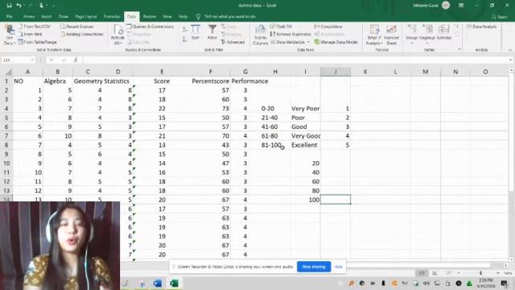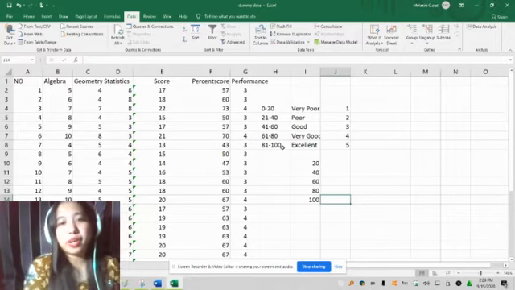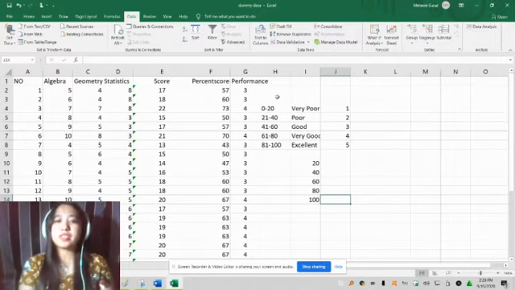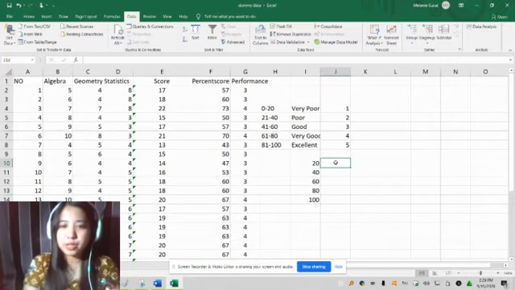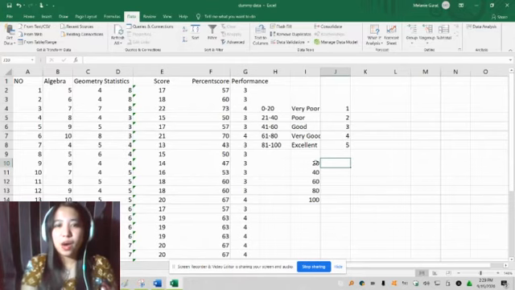Again, it depends on your guide for interpretation. You cannot, of course, copy 20, 40, 60, 80, 100 if you are using a different scale for interpretation. So let us continue. We have now 20, 40, 60, 80, and 100.